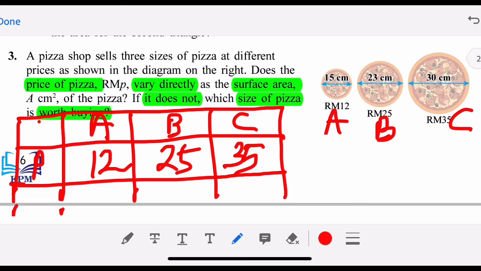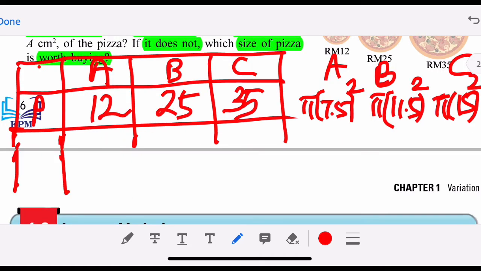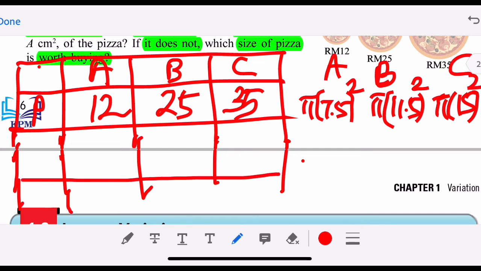As this is a circle, A is pi times 7.5 square, right? For B is pi times 11.5 square. If you want to do comparison, you must find the value for the area for all the pizza, right? So 7.5 square, what do you get?